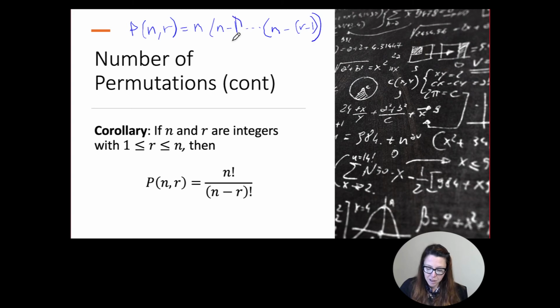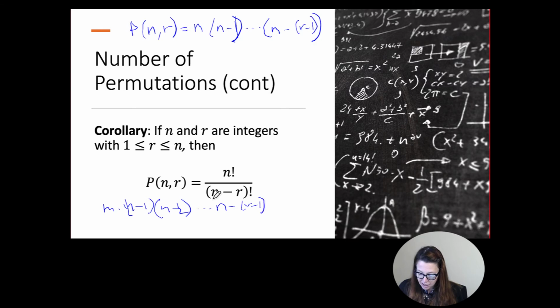Okay, so we multiply all of those together. And you can show to yourself that that's what you're getting here. Because n factorial, remember, is n times n minus 1 times n minus 2, all the way out to n minus R plus 1.